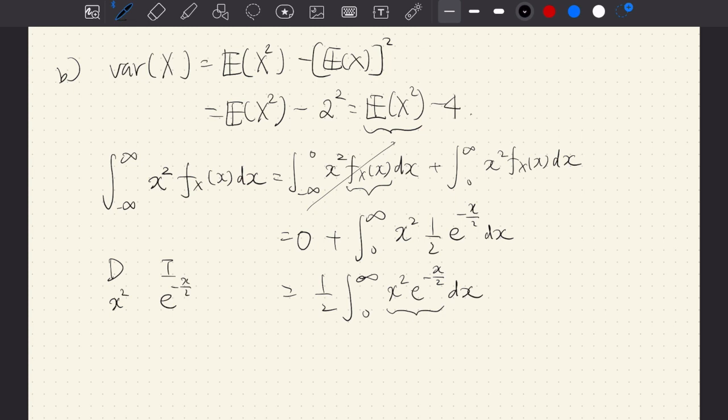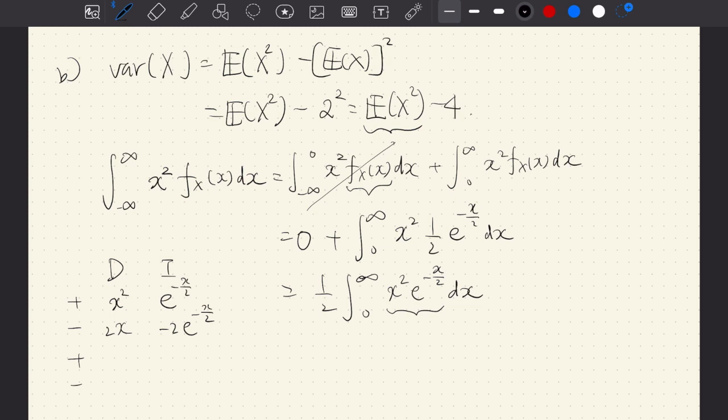So here we have plus, minus. Okay, now let's do the differentiation and integration. The derivative of x squared is 2x, and the antiderivative of this chunk should be negative 2e to the negative x over 2.